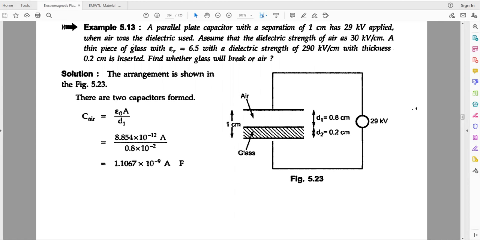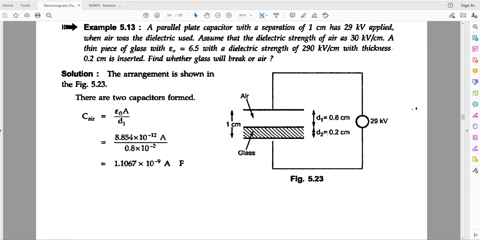When air was the dielectric, assume the dielectric strength of air is 30 kilovolts per centimeter. A thin piece of glass with epsilon r equal to 6.5 and a dielectric strength of 290 kilovolts per centimeter, with a thickness of 0.2 centimeters, is inserted. Find whether the glass or the air will break.